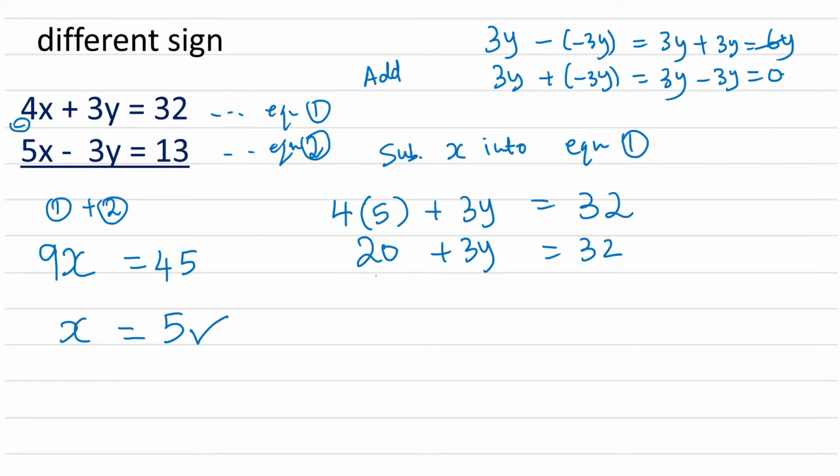I'm going to take away 20 on both sides, so therefore 3y is equal to 12. And now I'm going to divide both sides by 3, and 3 divided by 3 is 1, so therefore y is equal to 12 divided by 3, which is 4. Now I'm going to let you check this in your own time.